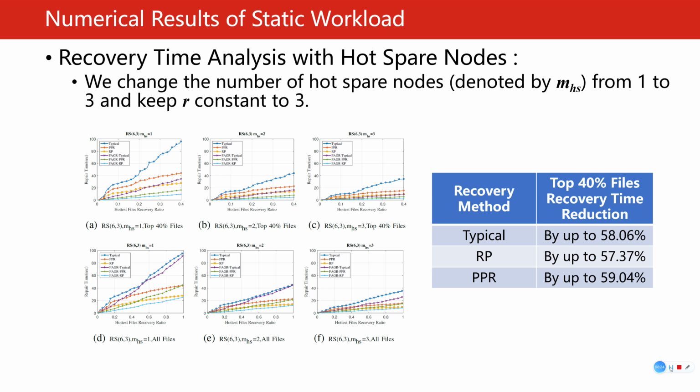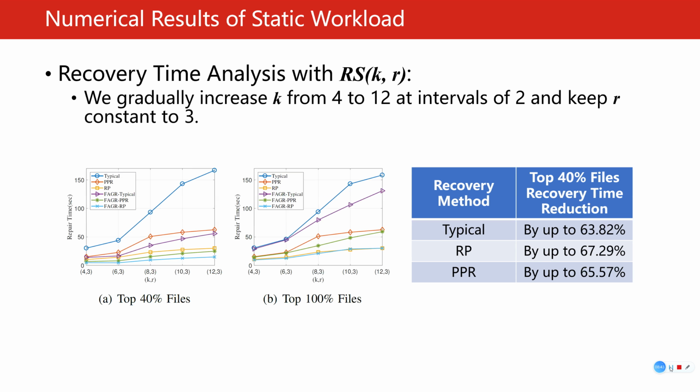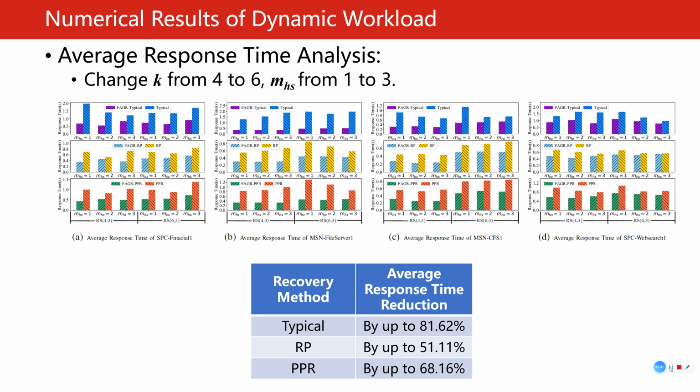Compared with typical recovery methods RP and PBR, when changing the number of hot spare nodes, FAGR can reduce the top 40% files recovery time by up to 58.06%, 57.37%, and 59.04% respectively. When altering the RS code parameter, the maximum reductions of recovery time are shown in the table.